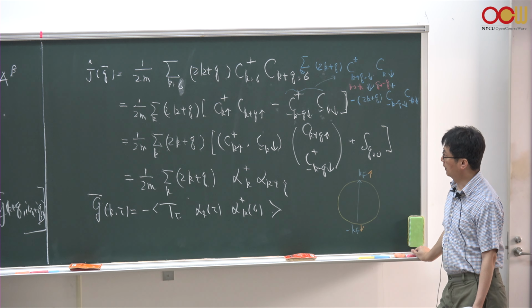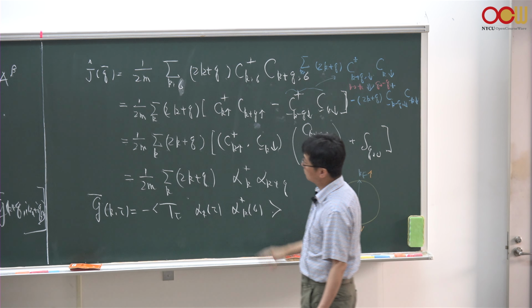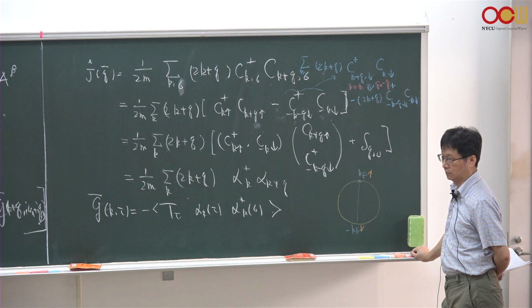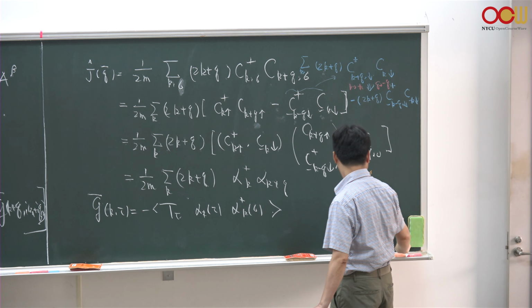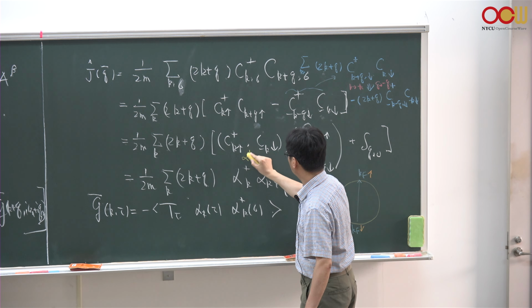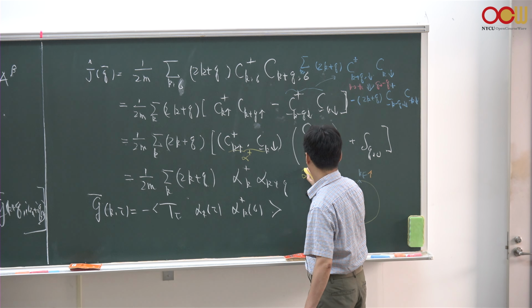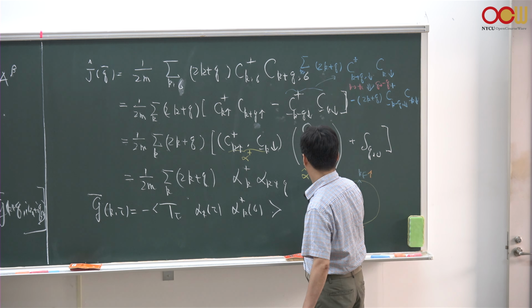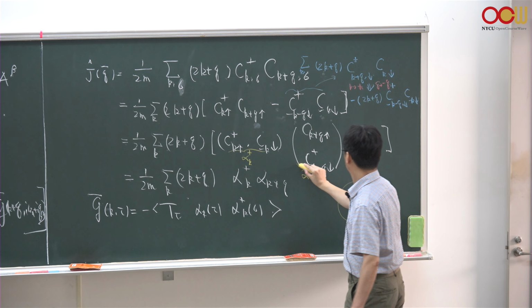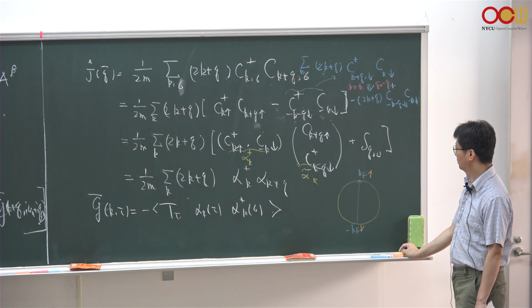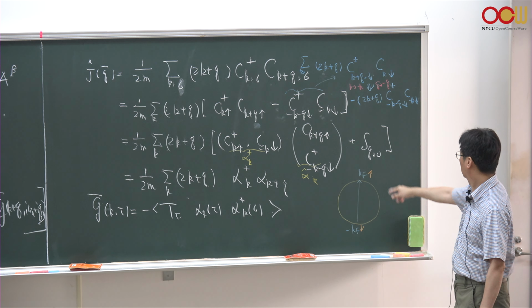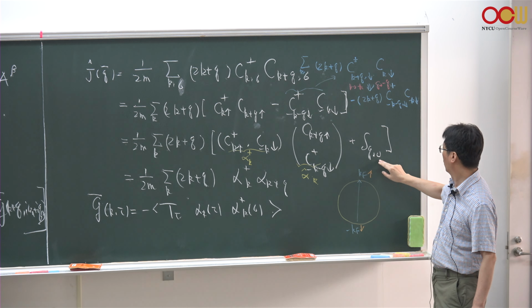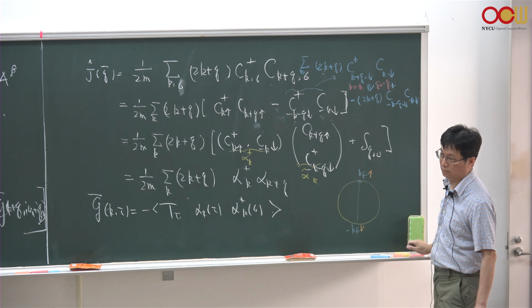But this new form can be fitted into the Nambu definition, because this is nothing but the matrix product between the Nambu column matrix alpha dagger and alpha, plus the delta q0 right here. Suppose q is 0, you get an extra 1, but if q is non-zero, you get 0.